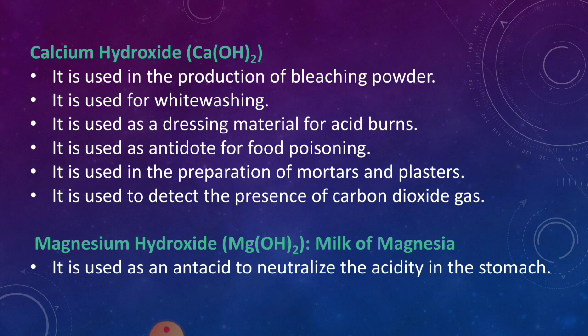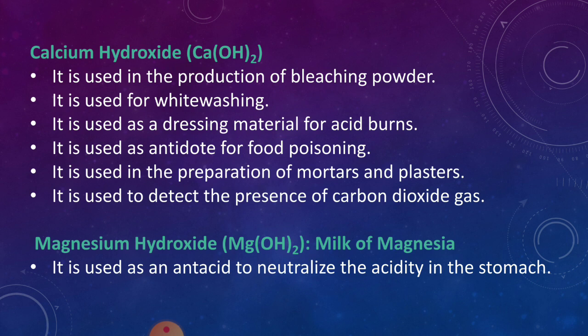Then the next one is magnesium hydroxide. Magnesium hydroxide, again the formula is Mg(OH)2, and the most important thing is its common name is milk of magnesia. As it is a base, it is used when our stomach produces an excess amount of HCl, more than our stomach requires for the proper functioning of the digestive system.